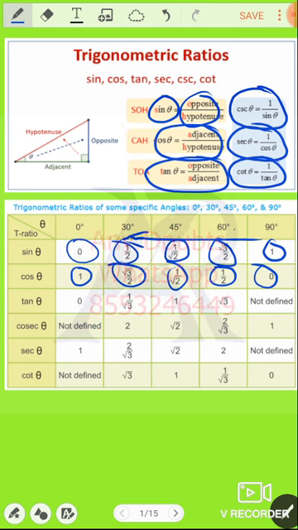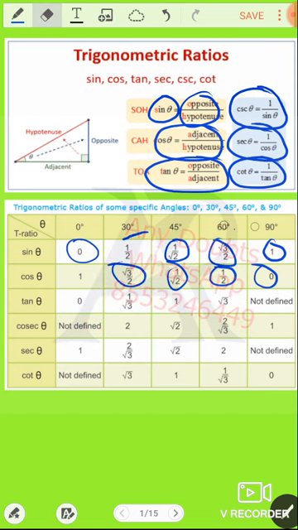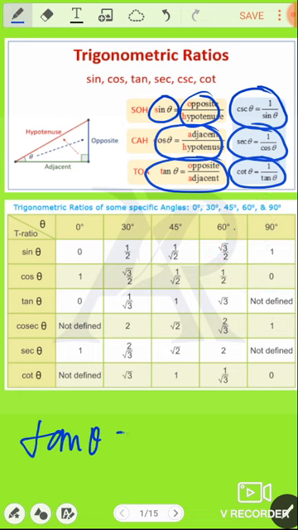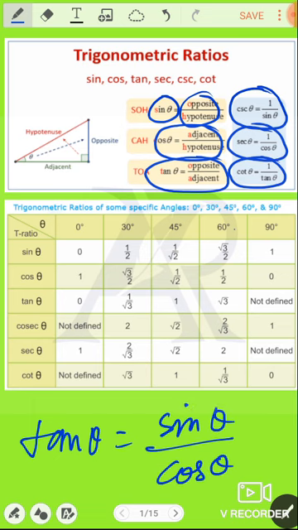Next, we have to find the value of tan theta. For tan theta, we know that tan theta is equals to sin theta by cos theta. Using this definition, I can find the values of tan theta.